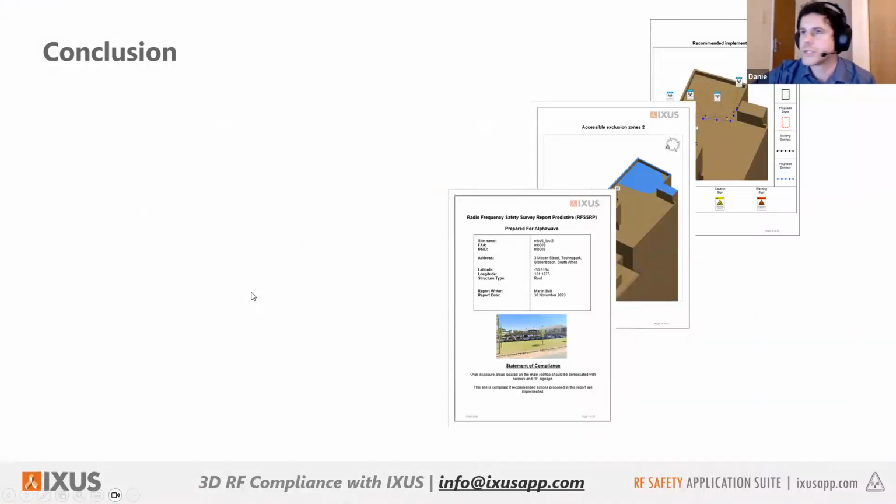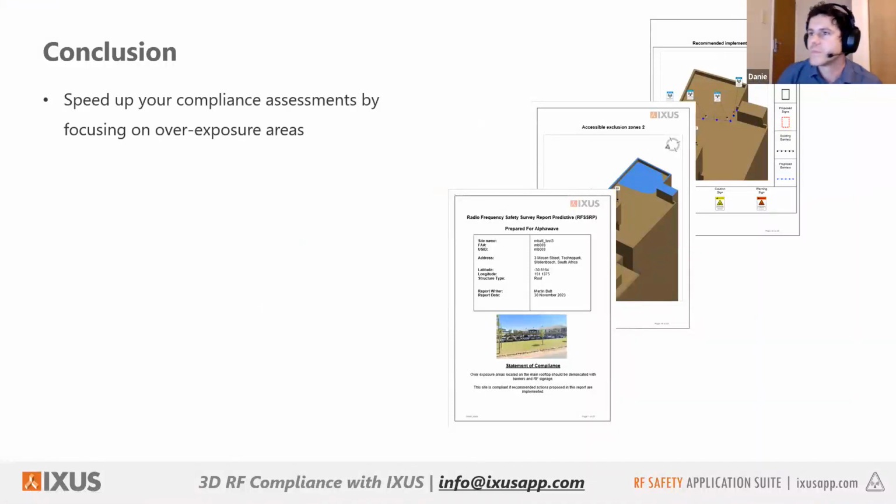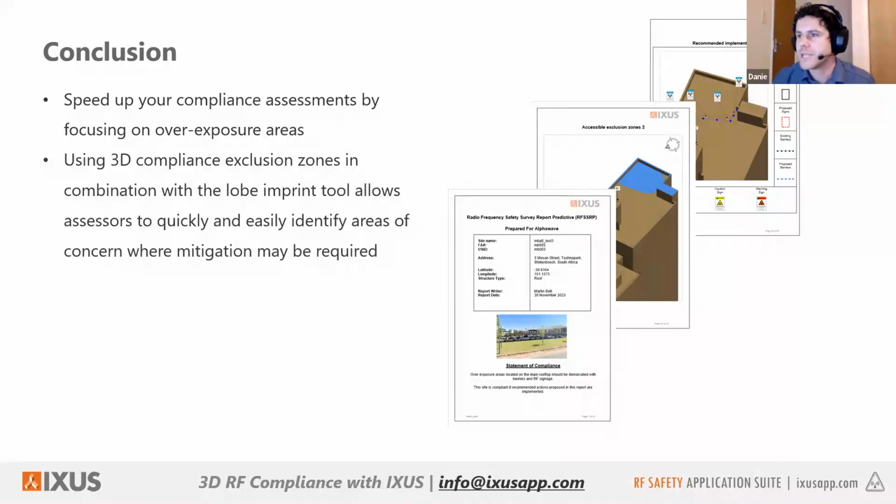Okay, so in conclusion, you can speed up your compliance assessment by focusing on overexposure areas instead of looking at the specific exposure for all the areas that you want to assess. Using the 3D compliance exclusion zones in combination with the Lobe imprint tool allows assessors to quickly and easily identify areas of concern where mitigation may be required.